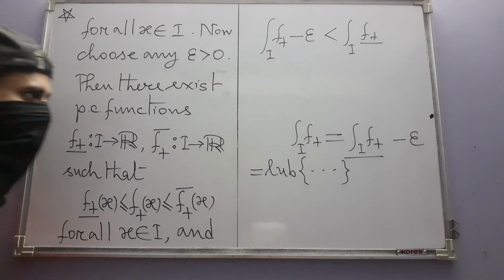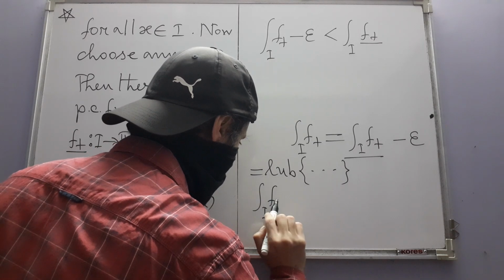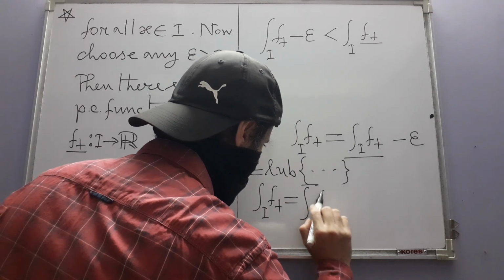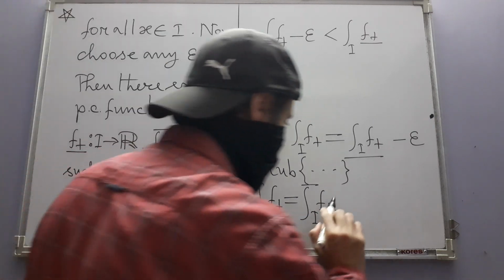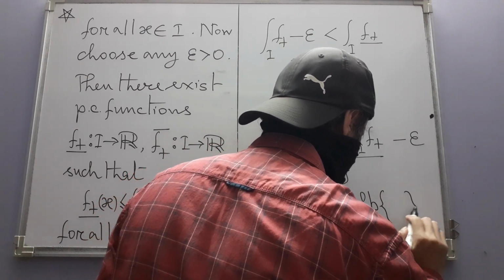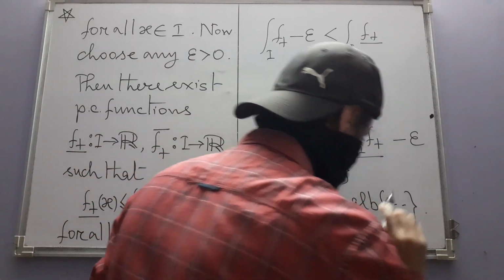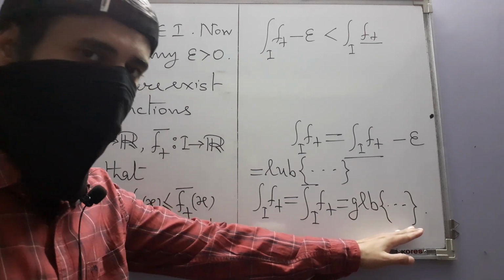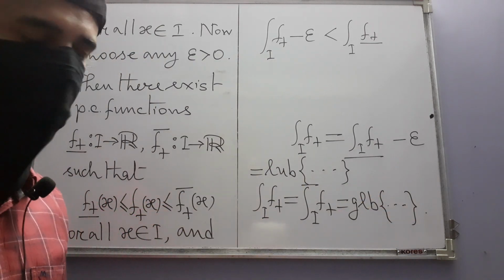And similarly, this integral is also equal to the upper integral of f plus, which by definition is the greatest lower bound of another set. And in this set, the elements are integrals of piecewise constant functions that majorize f plus.